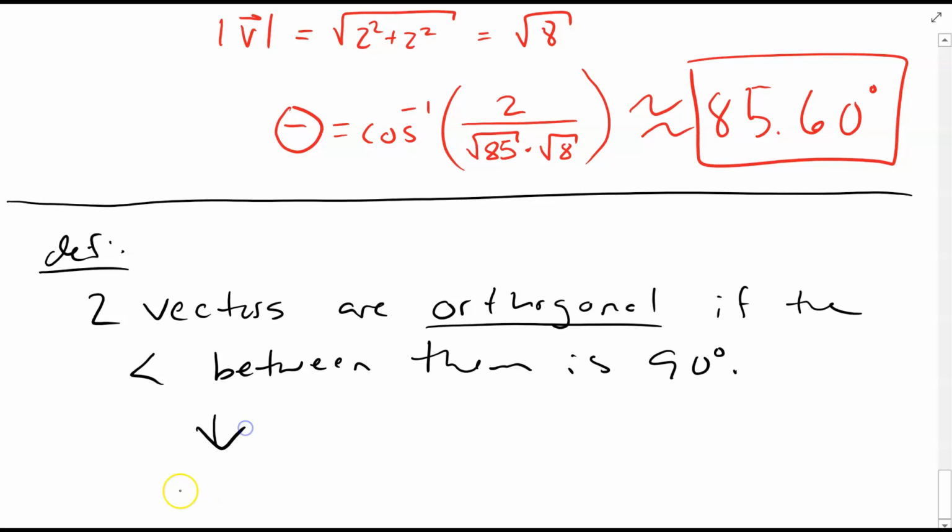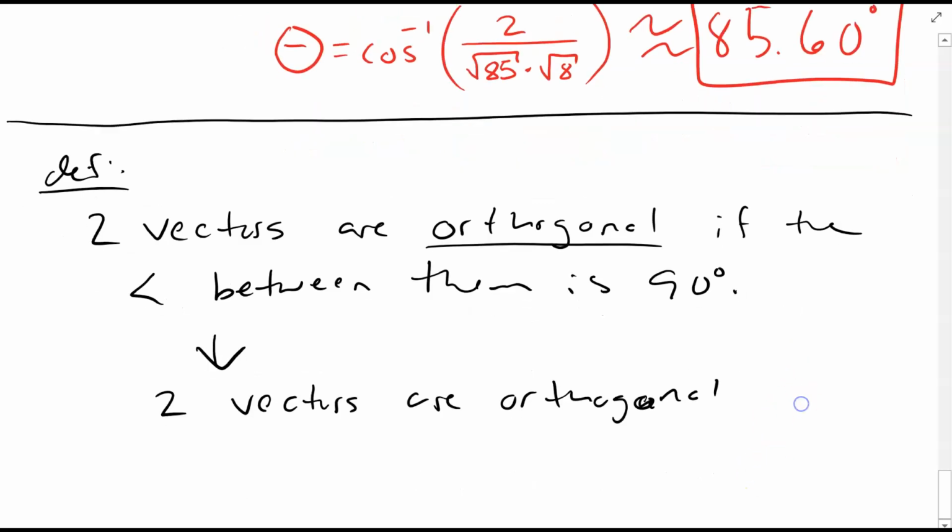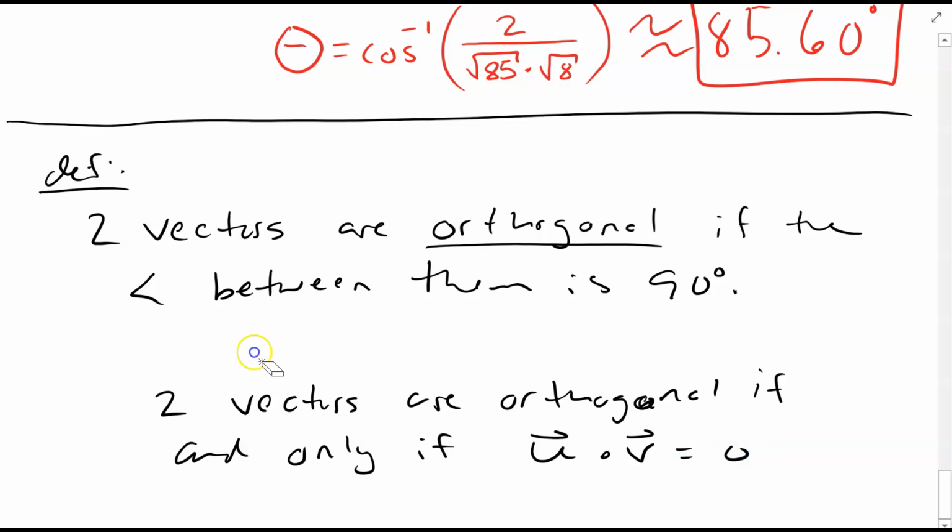What that then says is that two vectors are orthogonal if and only if u dot v is equal to 0. Actually, we should probably call that a theorem.